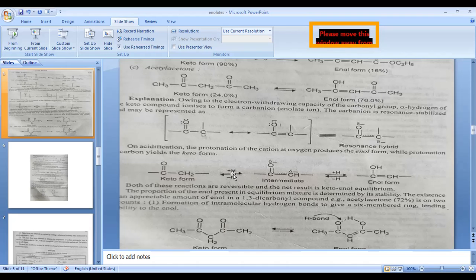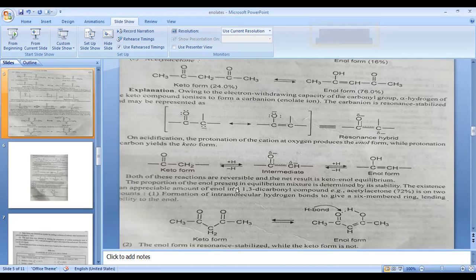Suppose we add acidification here, then on acidification the enol form is formed. Both of these forms are reversible and the net result is keto-enol tautomerism.